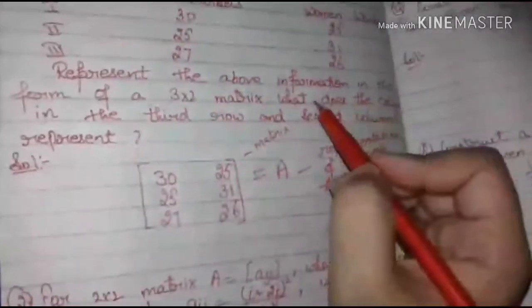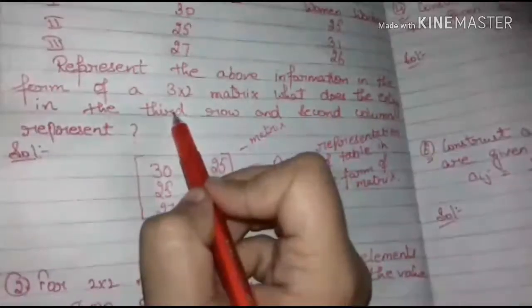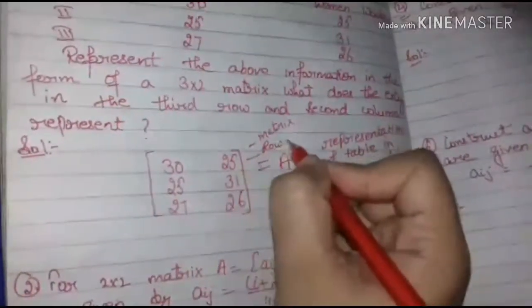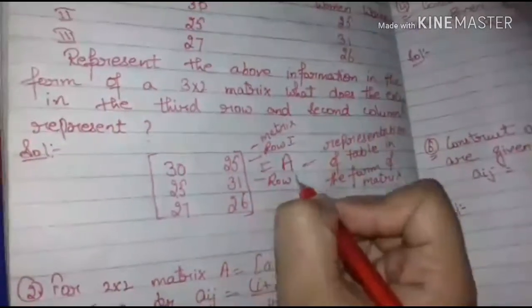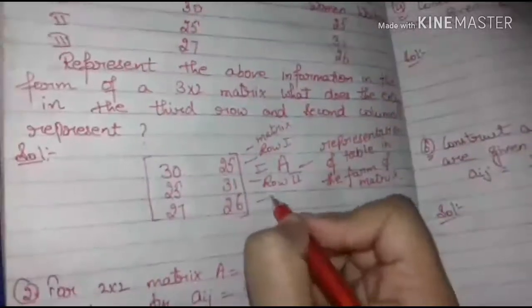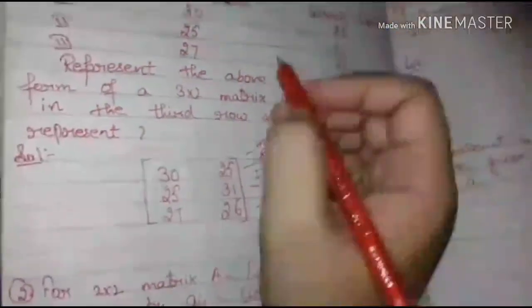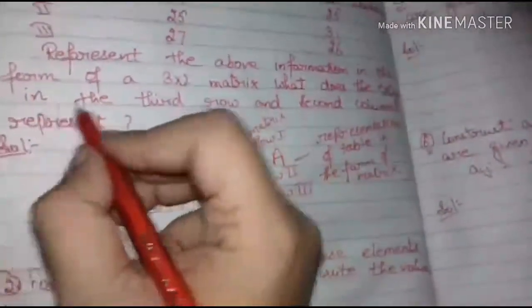Now we want to answer the question, what does the entry in the third row? Row 1, row 2, and this is row 3. We want to show the entry of the third row.